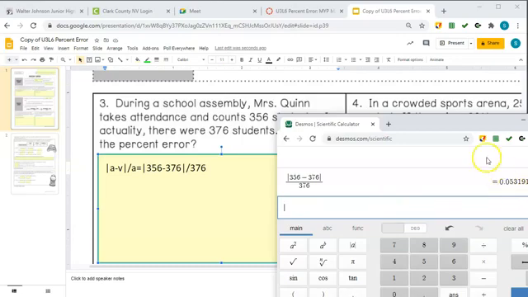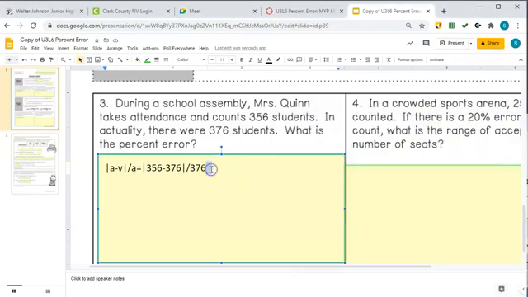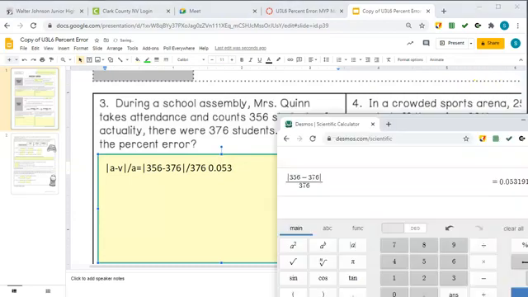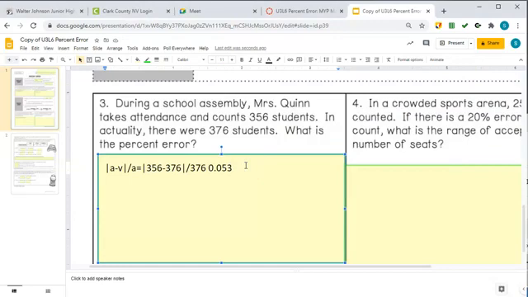And we get 0.053, approximately 0.053. In our case then, that is about 5.3%.